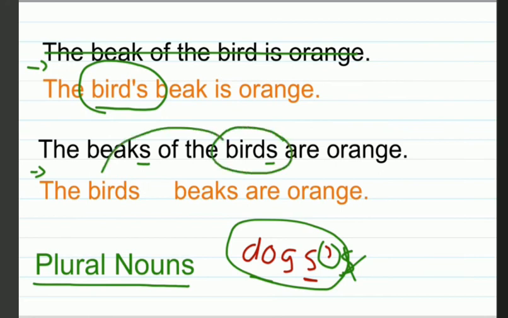We're going to bring that over here. But we can't do what we normally do and put an apostrophe S because we already have an S there. So we're just going to slide our apostrophe in right after the S, and that's good enough. We're not going to add another S. Leave it like that.